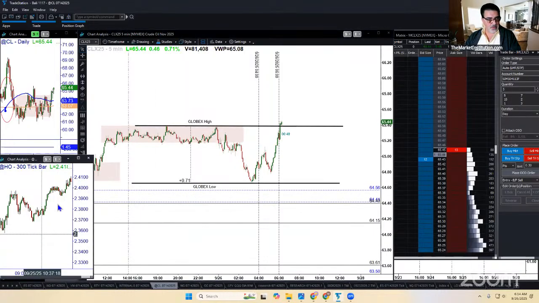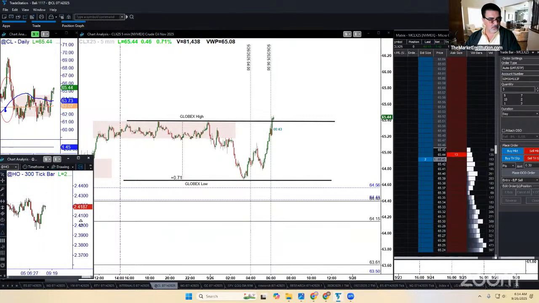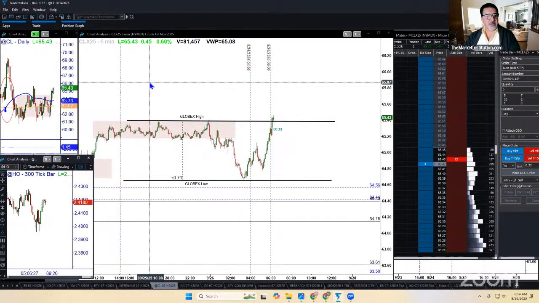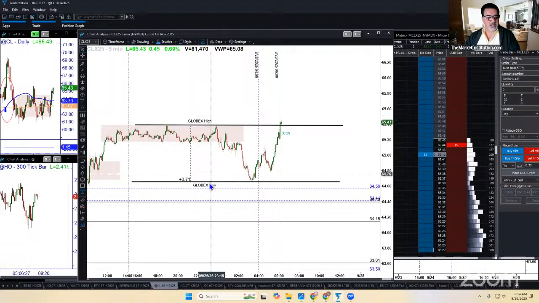Okay, heating oil, let's just double check here. Heating oil, right in the fair value gap, hasn't broken the high or the low. So when we look at crude oil to see if we have a trade for a strategy, which we call the open range breakout, okay, 5-minute chart, we take a measurement of the Globex high to the Globex low.